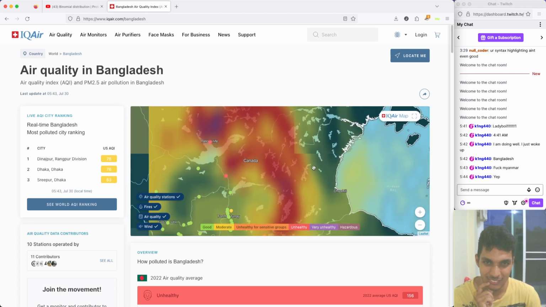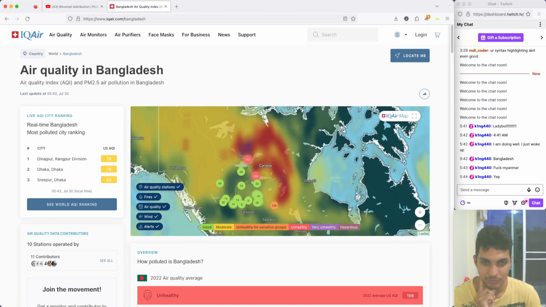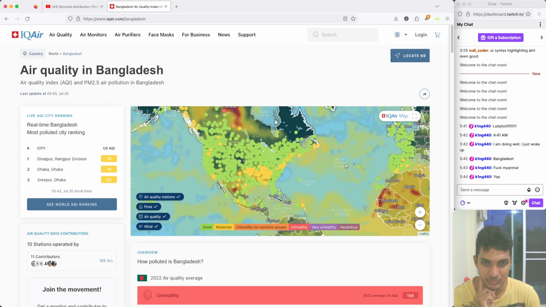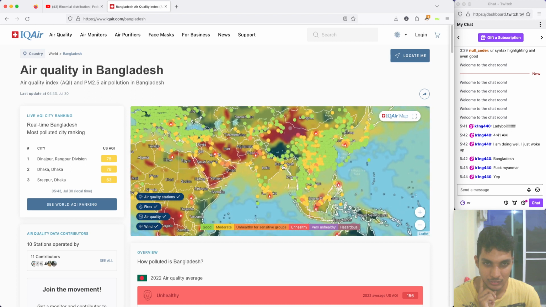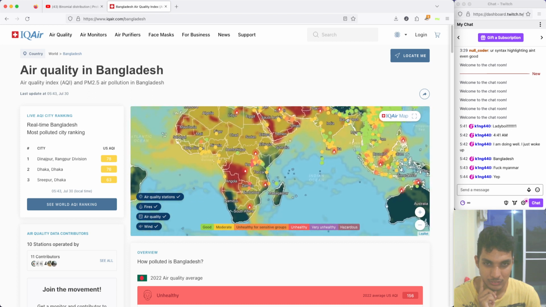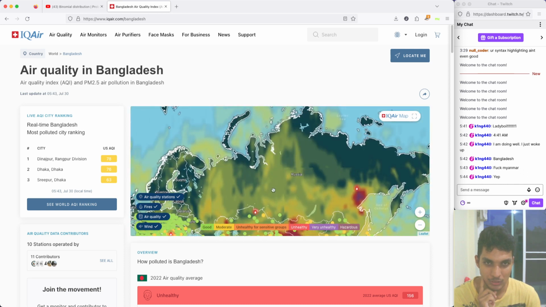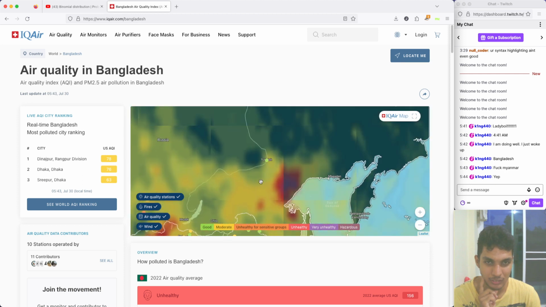It's red. Oh, I see, like the wildfires, huh? Russia. It's wildfire again. Yeah.